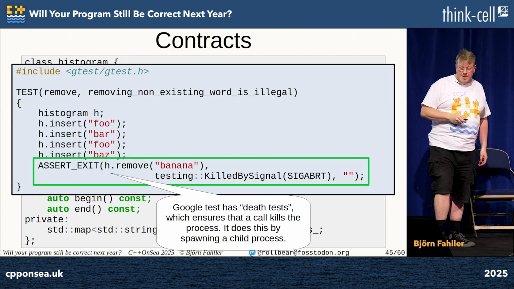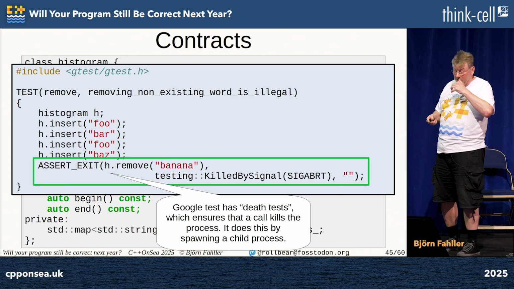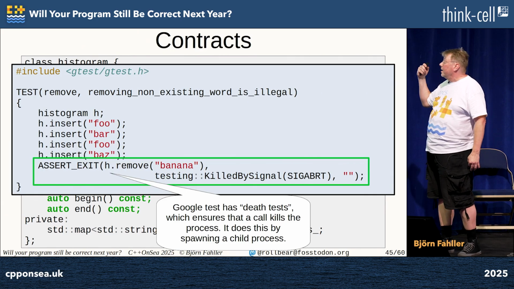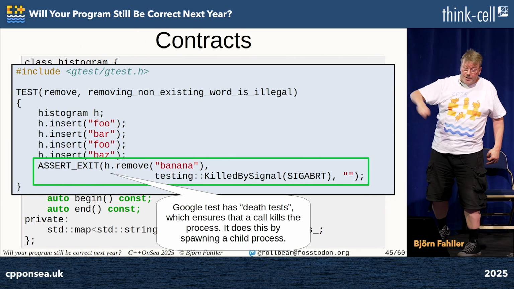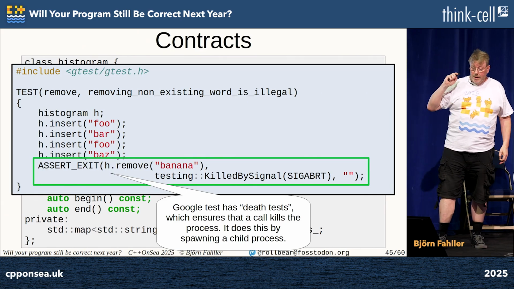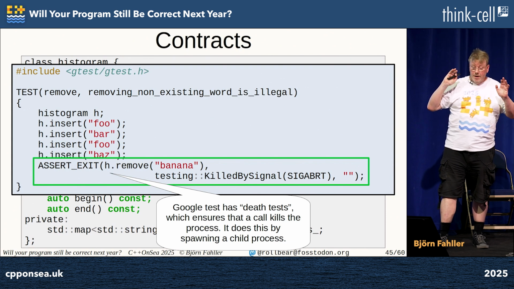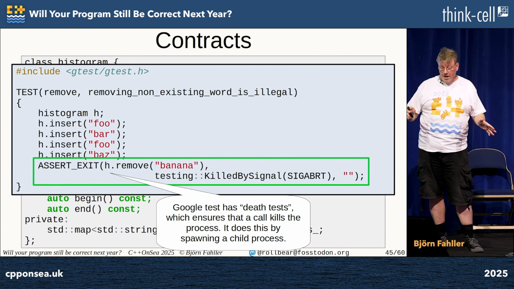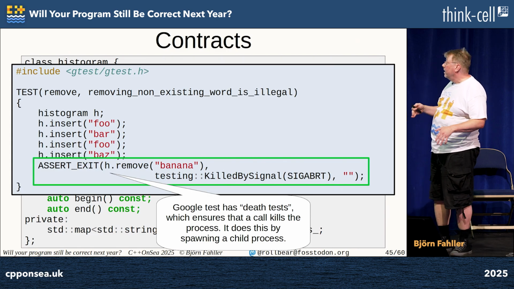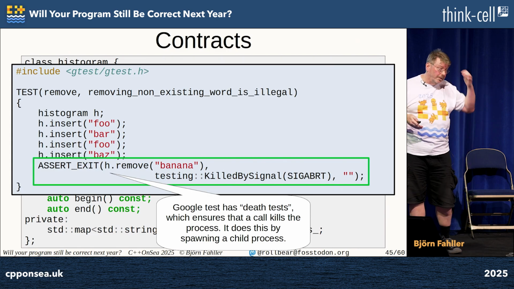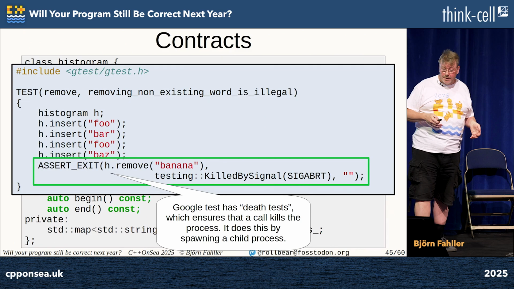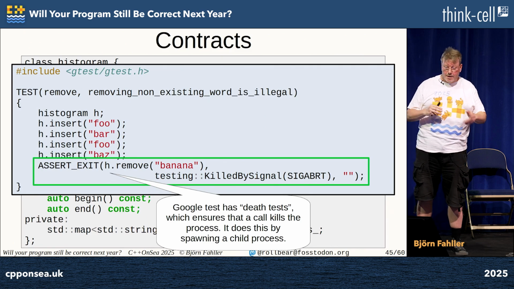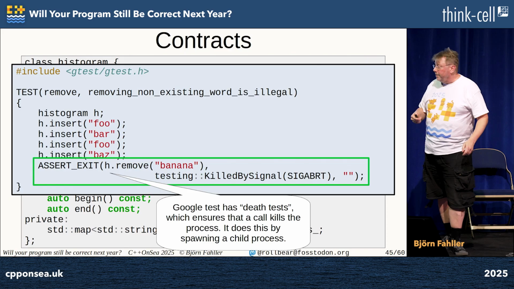Google Test has this morbidly named thing called death tests. So I can assert exit that when I remove banana, which is absolutely not inserted, we ensure that this thing dies on SIGABRT. And it does this on Unix-like systems like Linux by forking the process running this exact thing and then monitoring the exit code from it.